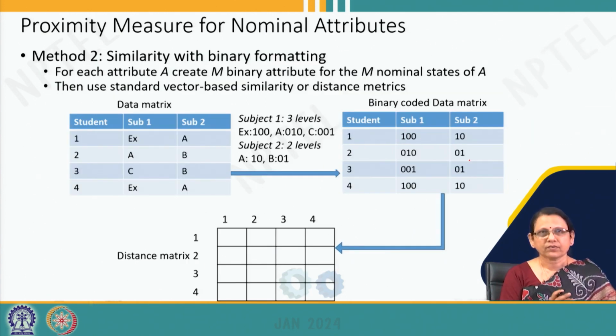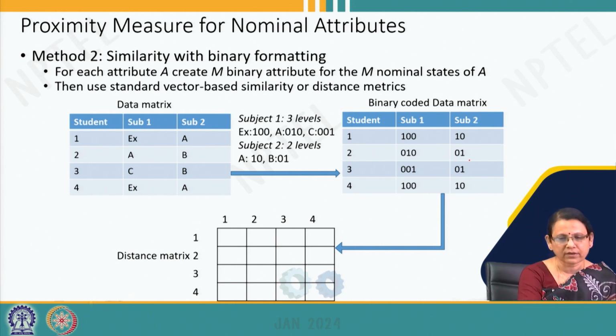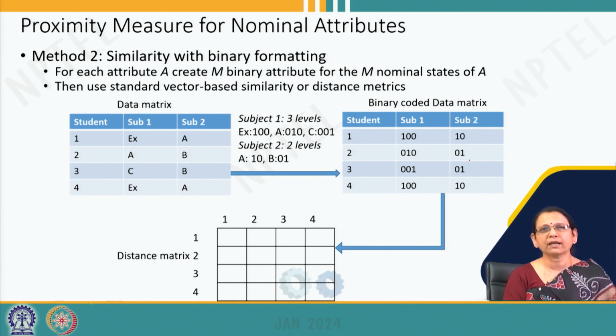Now, come to the second approach for doing this, which we can compute using something called binary formatting. Here, let me tell you one more thing. We are talking about the 2 subjects of a student, but a student can have other attributes, let us say age, or his attendance, the number of classes he has attended in subject 1 and subject 2.